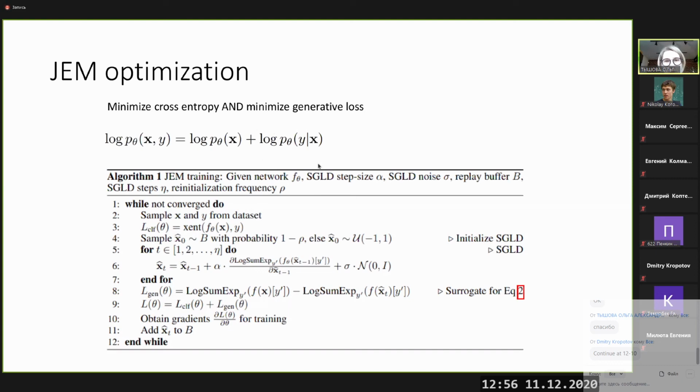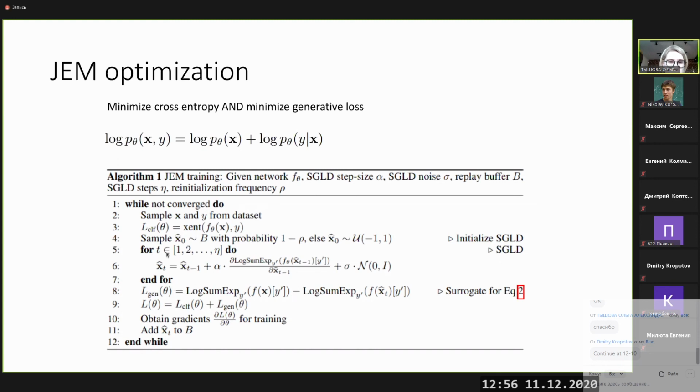The loss function for the discriminative part, our classifier, is the usual cross entropy, and we just update it using gradient descent. And in order to introduce a loss function for the generative part, we need to rely on the Langevin scheme. So first of all, we sample some x from our distribution. After that, we update our x using the Langevin scheme.